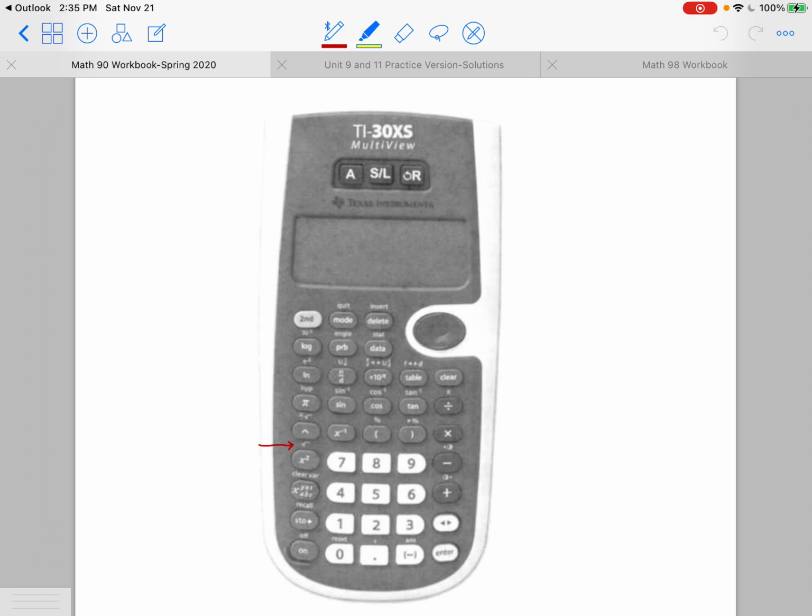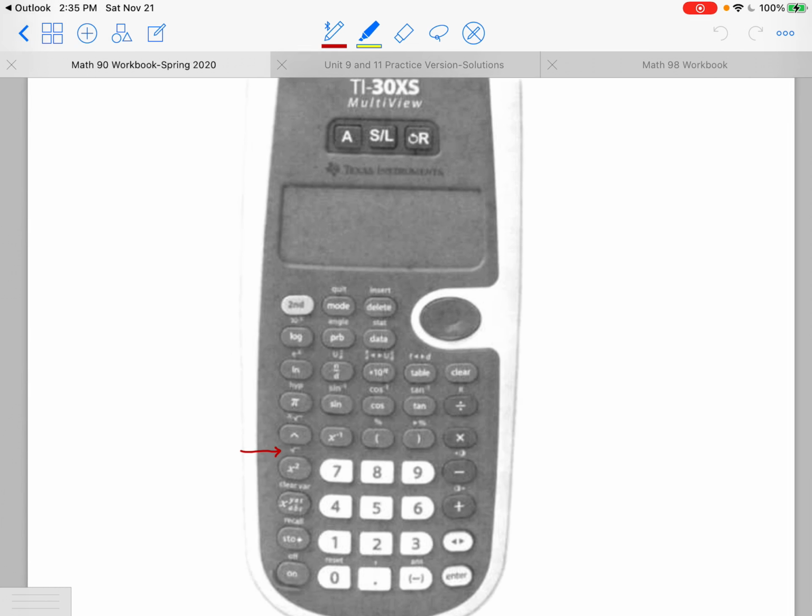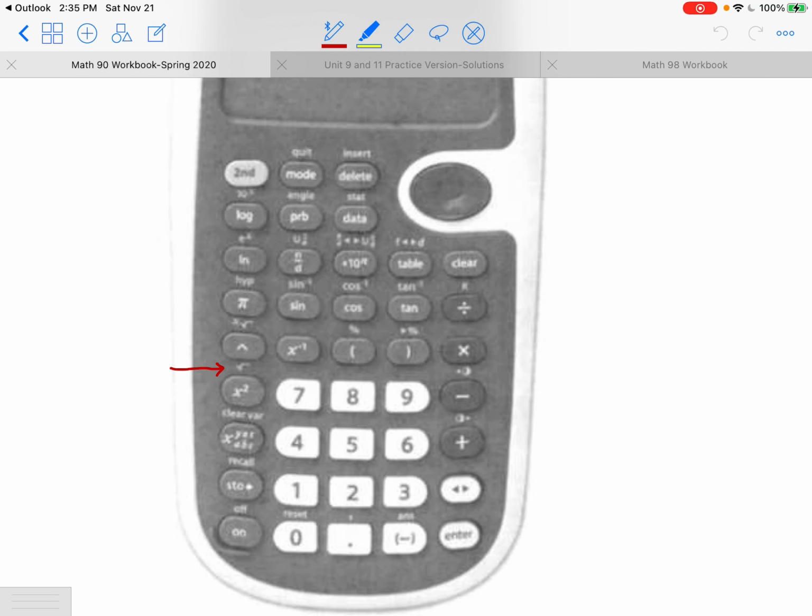Most of you are using the TI-30XS or a similar non-graphing calculator. You can, of course, use the TI-84 series, 83 series, or any graphing calculator, which has similar buttons but a lot more options.